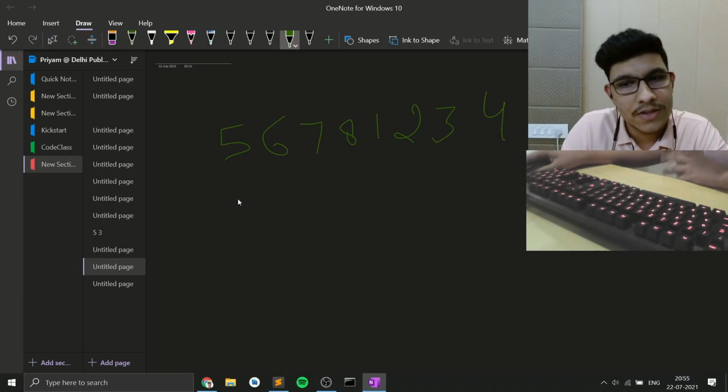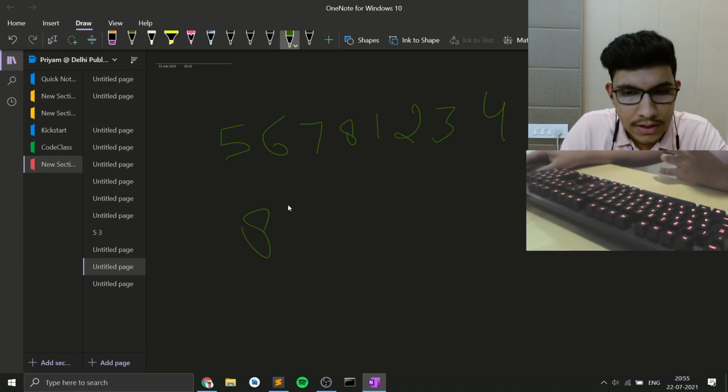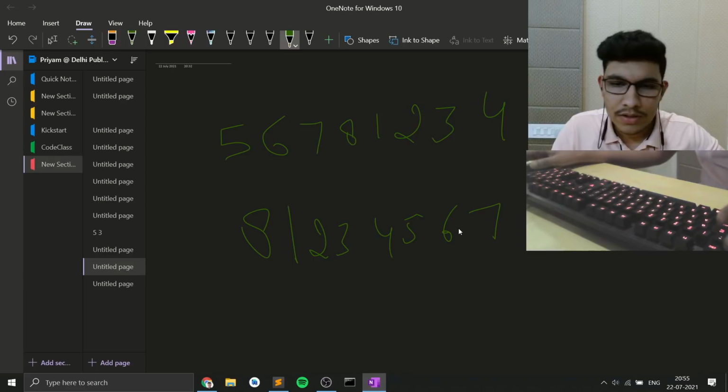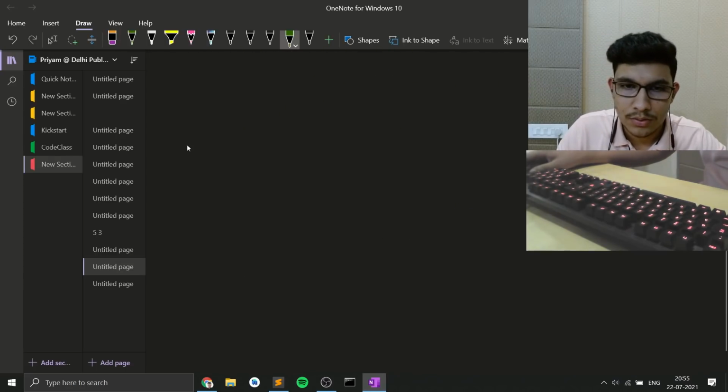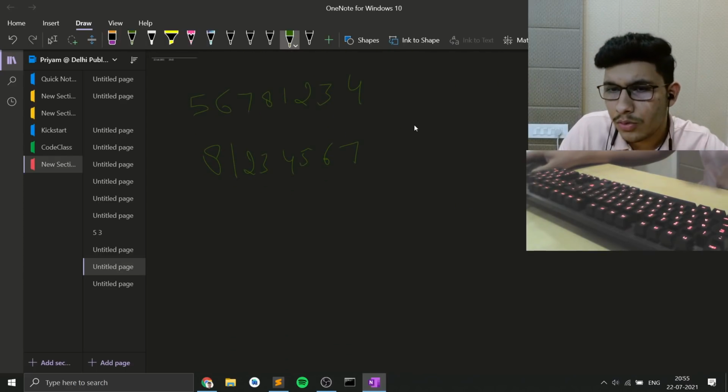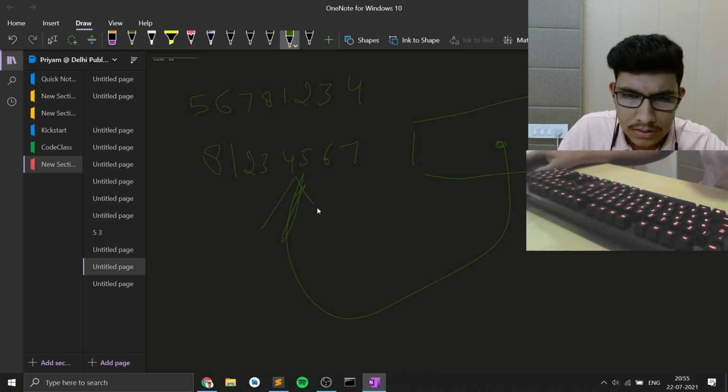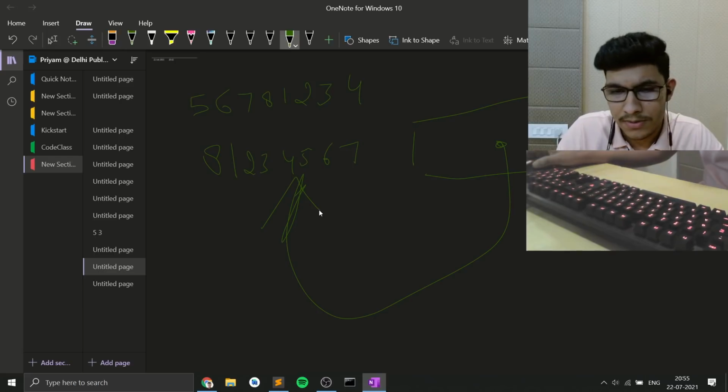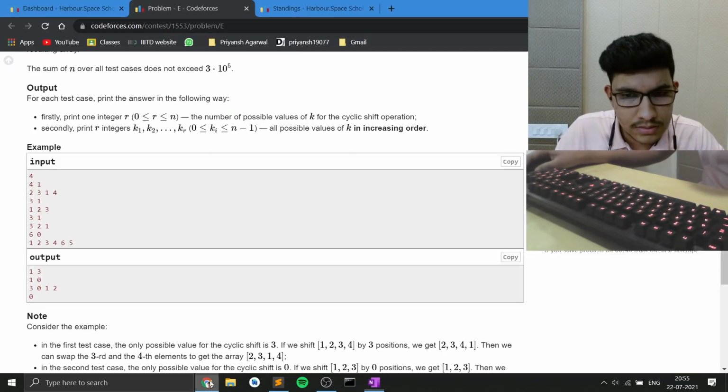Similarly, if I fix the first character to be, let's say, 8, then I know my next characters would be this. So now if I fix my first character, then I basically have to convert the given array to this with the minimum number of swaps, right?